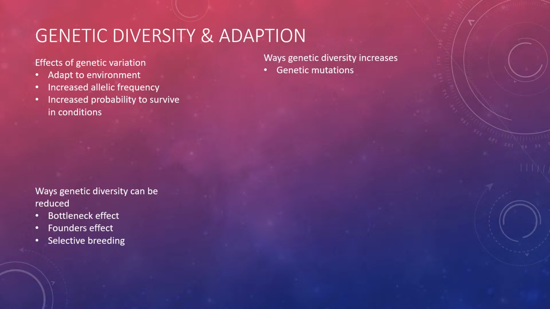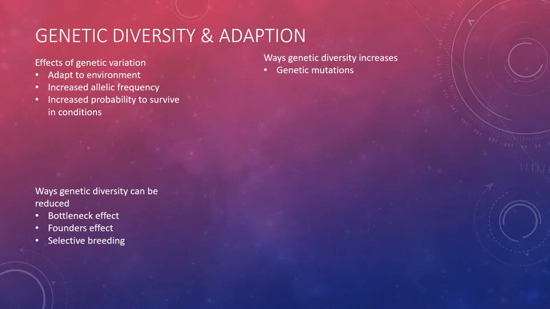Due to this, there's a reduction in the number of alleles, so the allele frequency is significantly changed. Let's say in the beginning you have a population of 10 brown eyes, 10 blue eyes, and 10 green eyes. But then after the disaster, you're only left with 2 brown eyes, 1 blue eye, and 6 green eyes. The frequencies have changed.